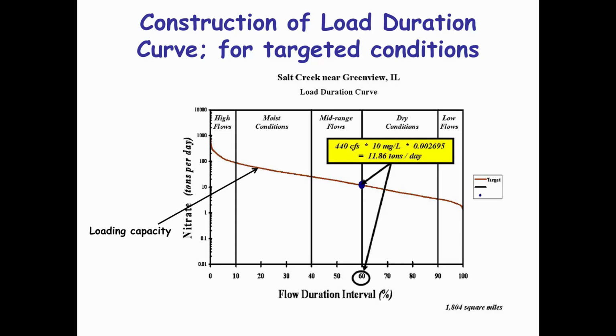The shape of the brown line here, the load duration curve, is exactly the shape of the flow duration curve. It's just scaled on the vertical axis. So construction of the target load duration curve is very easy once you have the flow duration curve.